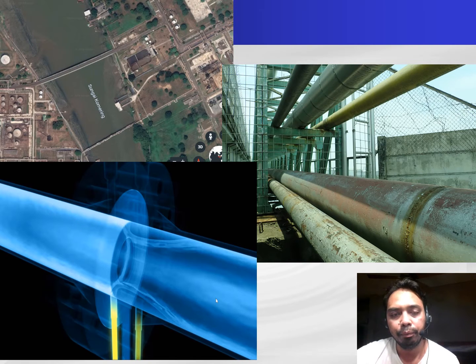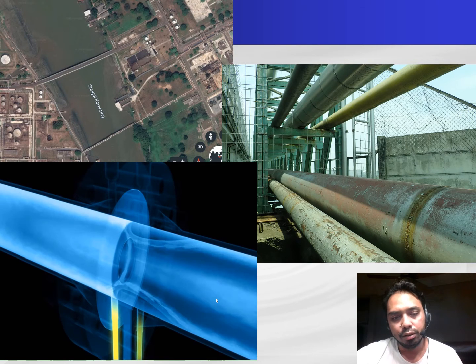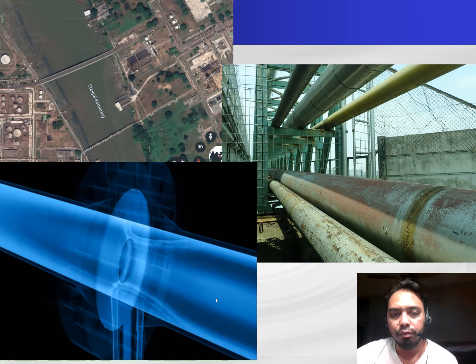You can see on the satellite image the pipe rack connecting two sides of the Sungai Komering. We have oil flowing through the pipe, and you can see also there's a simulation of the pipe flow here.